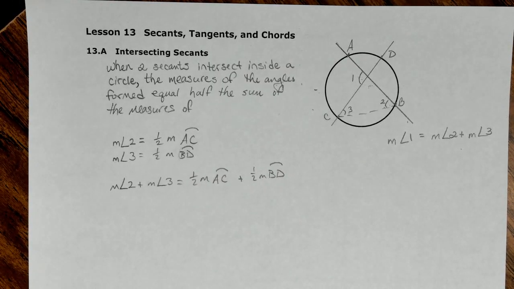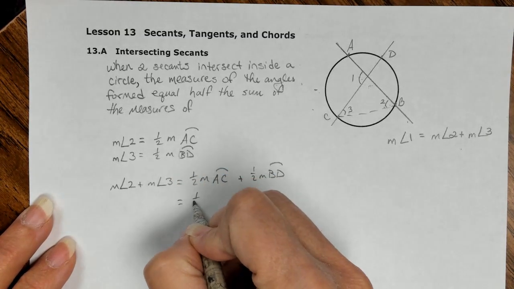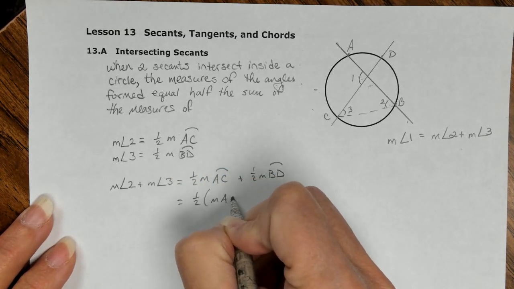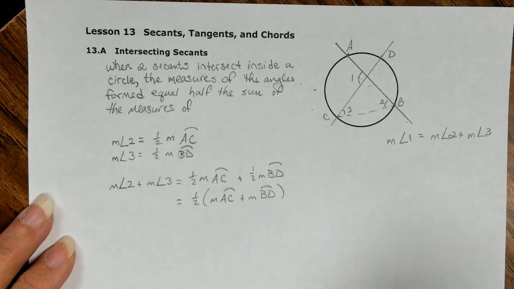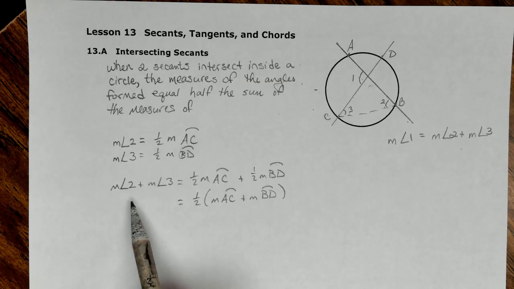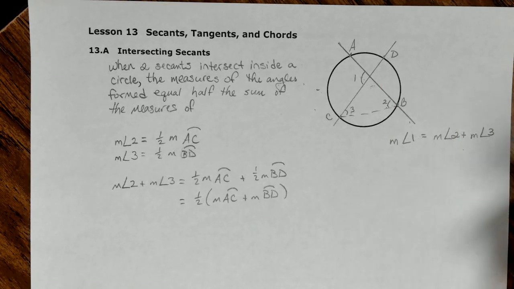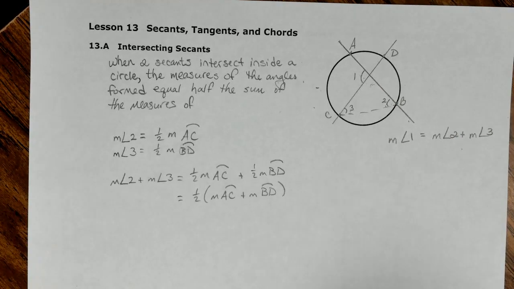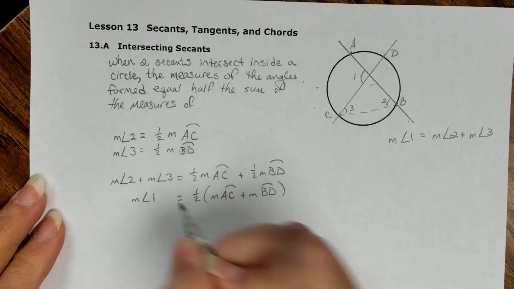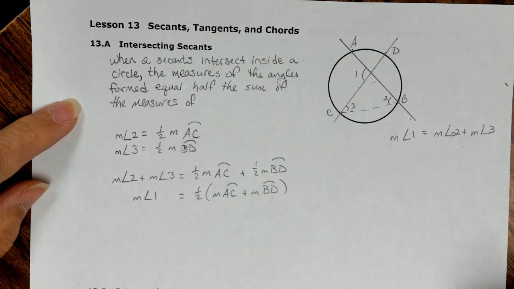Well, I can factor a half out of that. And there we go. When I add angles 2 and 3, it's half the measure of the sum of those intercepted arcs. And when I add them, that is the measure of angle 1. It's proven already.